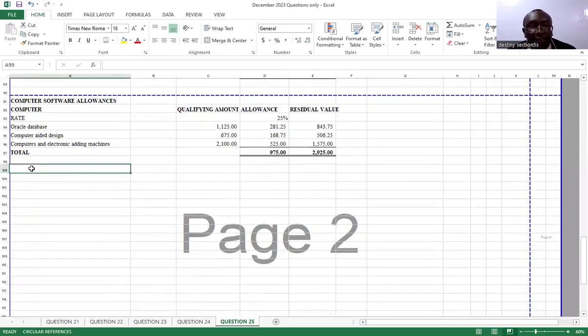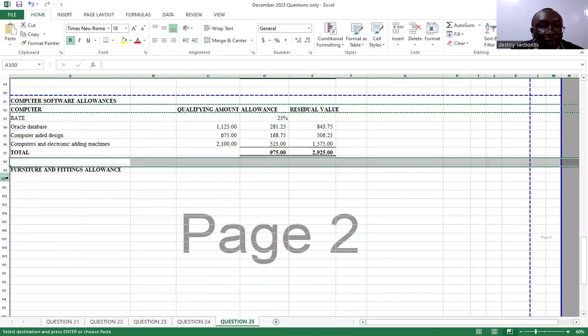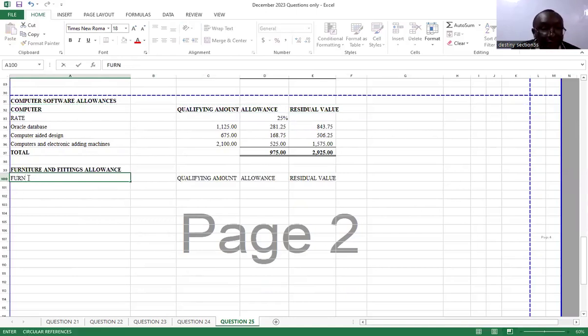The next one is furniture and fittings. Furniture and fittings allowance. So I copy these ones. So this one is furniture. Fittings.